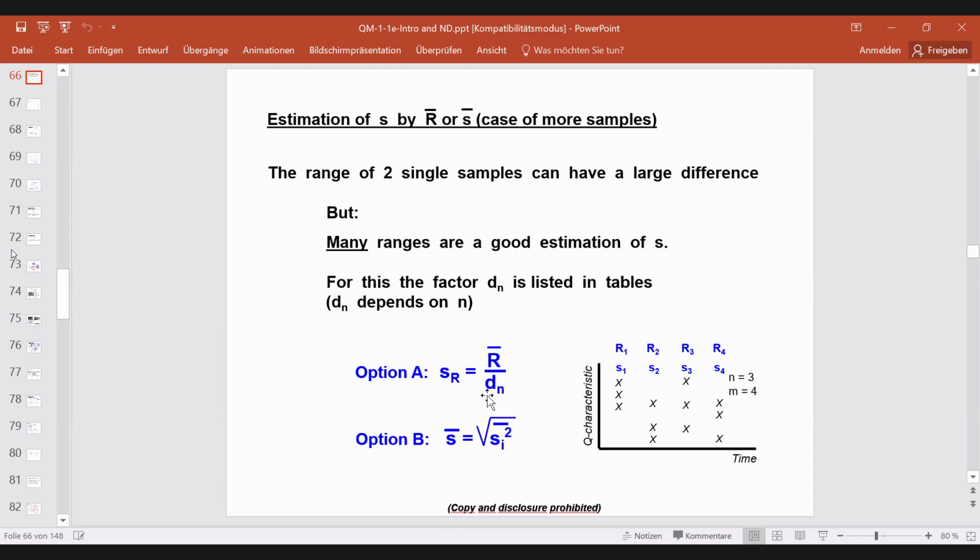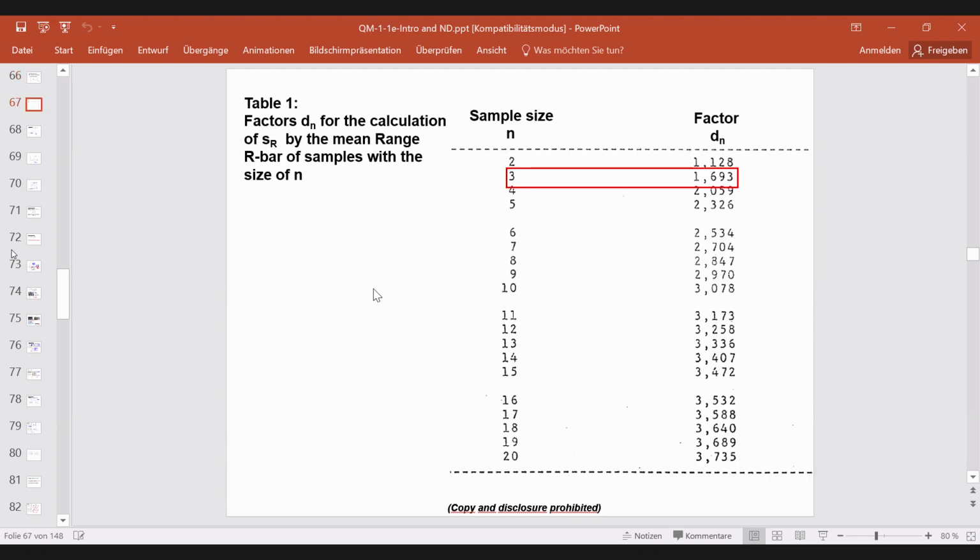This factor here, dn, is a table factor, depends on the sample size. So if you have 3 measurements in a sample, like in the example on the sheet before, then the dn factor is 1.693, and then you put it into the equation and can calculate S. So here you see the dn factors for sample sizes from 2 to 20.